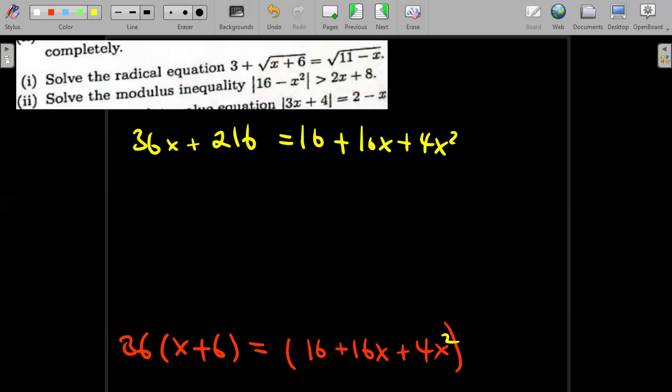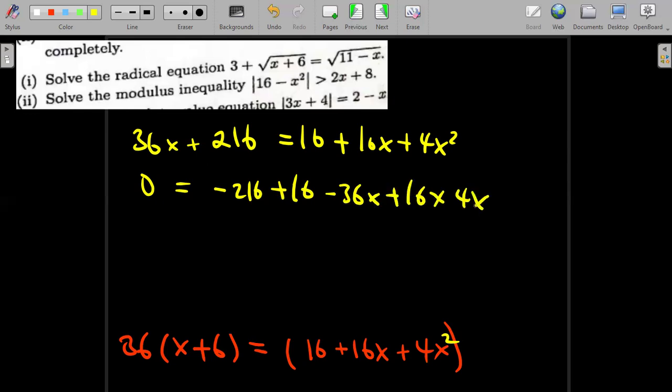From there, you proceed and group the like terms. Let's say we move everything to the right. This will be 0 here. Then we have negative 16 plus 16 here, and you have negative 36 plus 16 here, and plus 4x squared.